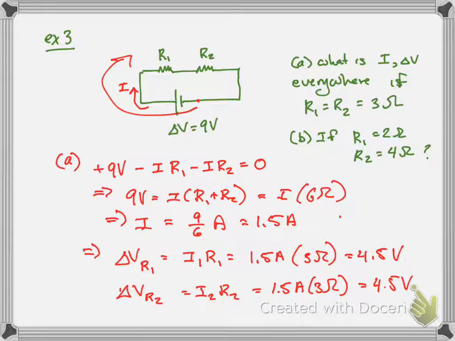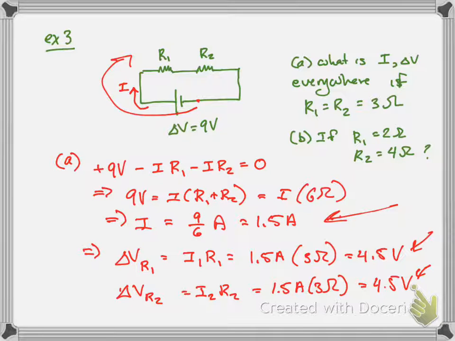Okay, so we found the current everywhere, and we found the potentials everywhere. You did have to recognize that there is just one current in this circuit, and nothing else.